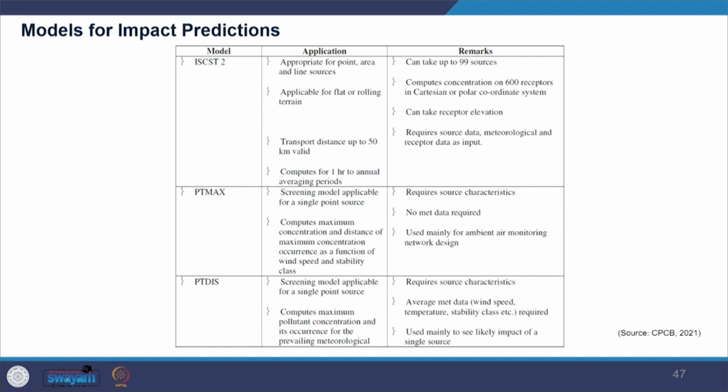It can take up to 99 sources and it computes concentration on 600 receptors, where the impact will happen, in the Cartesian or polar coordinate system. It can also take the receptor's elevation, and requires source data. It also needs meteorological and receptor data as input. So, all these details are provided to you.